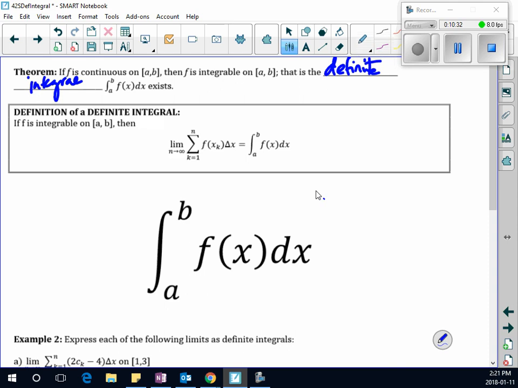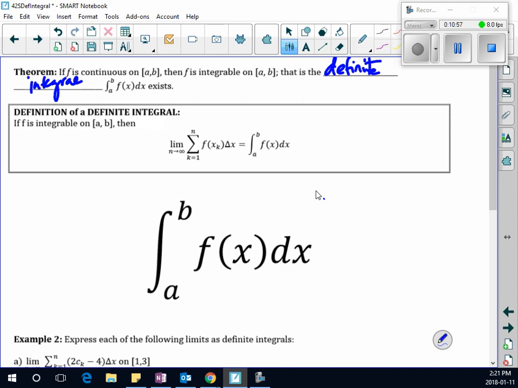It's the limit as n goes to infinity of the summation of k is 1 all the way up to n of some function value times the change of x. Does everybody understand that this is just the width times the height? When k is 1, you're finding f of 1 times the width.